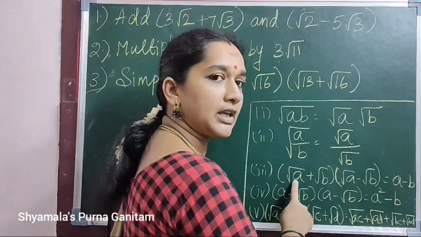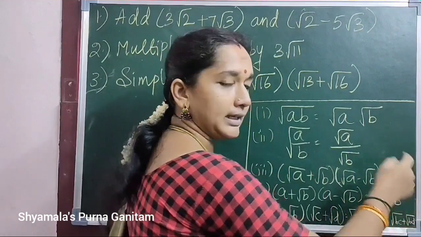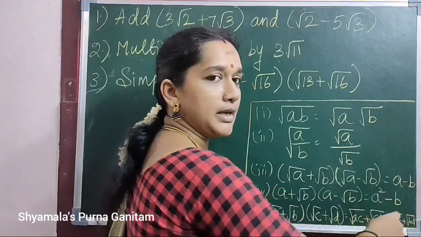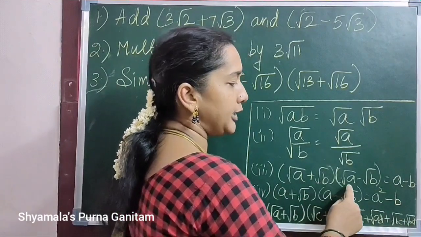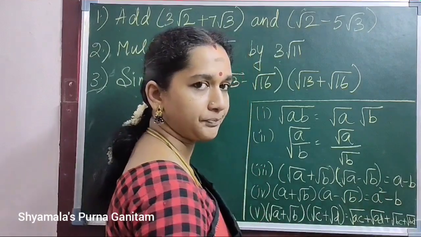So instead of A we have root A. So root A the whole squared will be A. So A minus B. Same way B also. Root B the whole square. That will be B. So A minus B. Root A plus root B into root A minus root B is equal to A minus B.